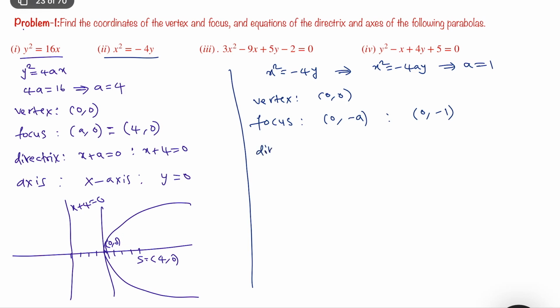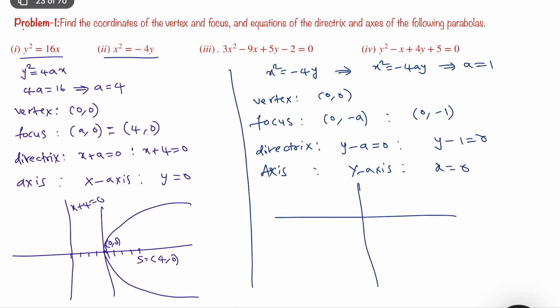And the directrix equation for this standard equation is y minus a equal to 0. So it should be y minus 1 equal to 0. And the axis of this standard equation is the y-axis, whose equation is x equal to 0. Let me draw a rough picture here.